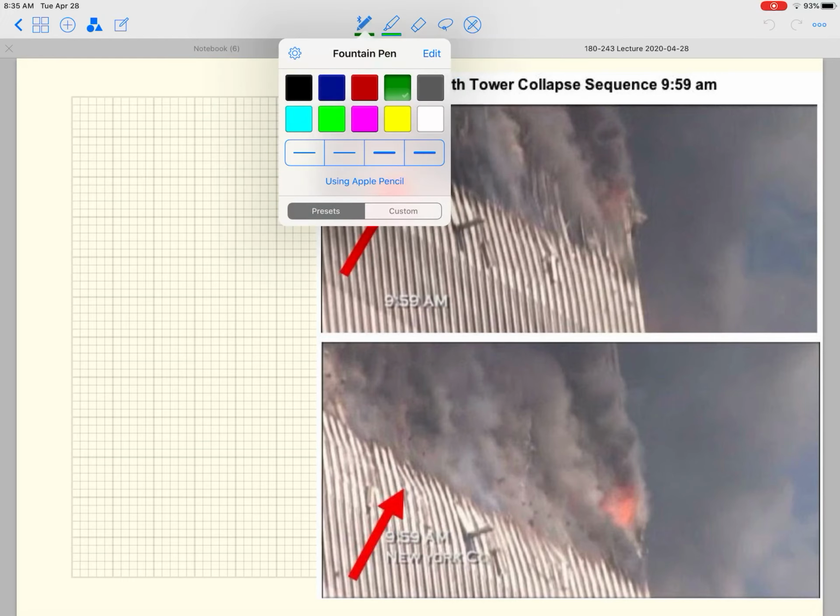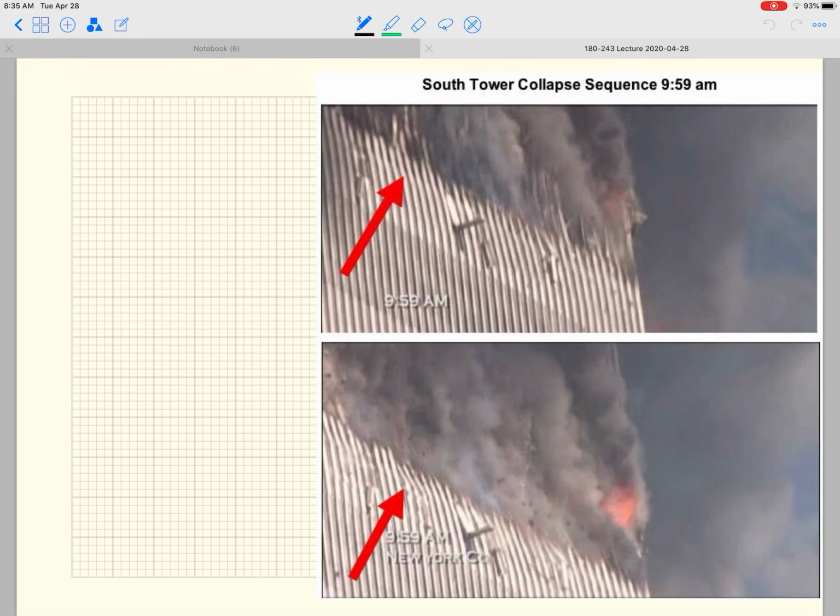So I'm going to do my best to try to explain these. So let me over here draw the core, right? So this here, I'm going to label it as the core of the building, okay?